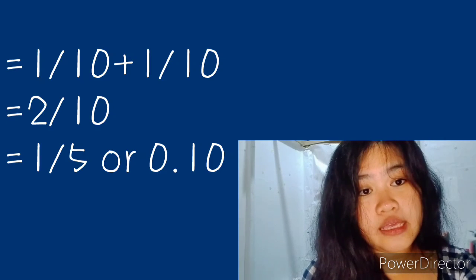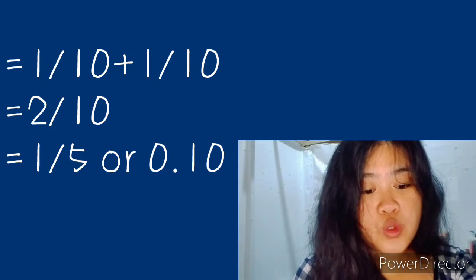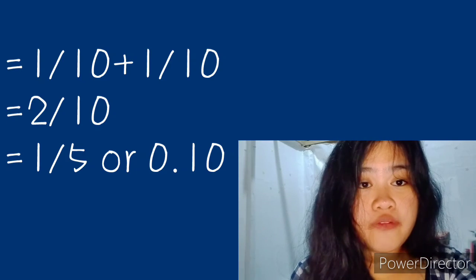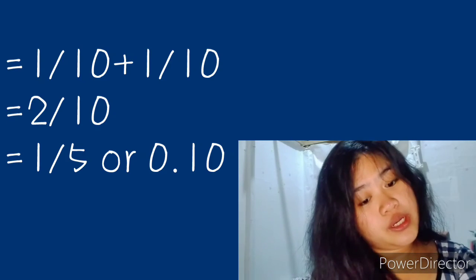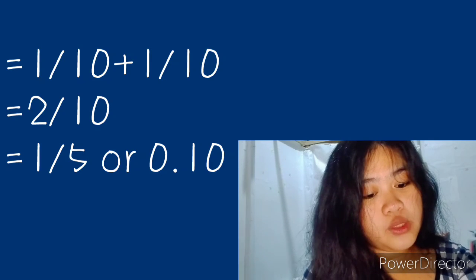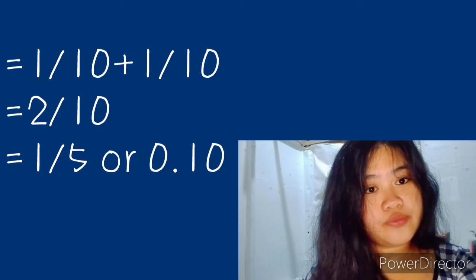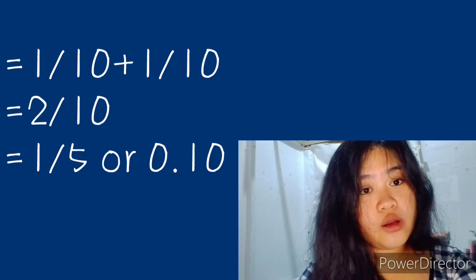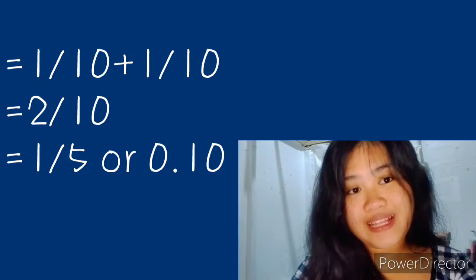We're just going to add it. It would be equal to 2 over 10. We can simplify it and turn it into 1 over 5, or even turn it into a decimal, and it would be 0.10. That is the answer for letter E. That's all.